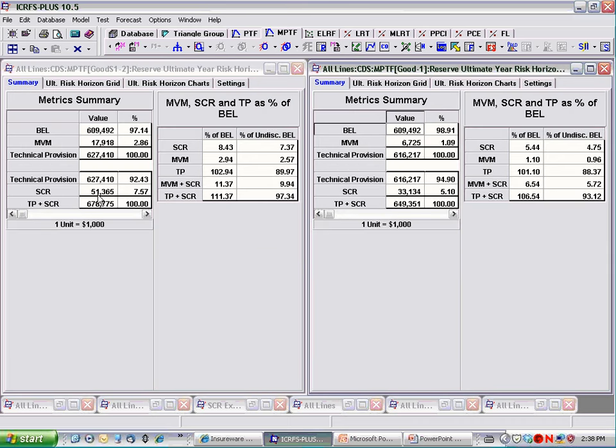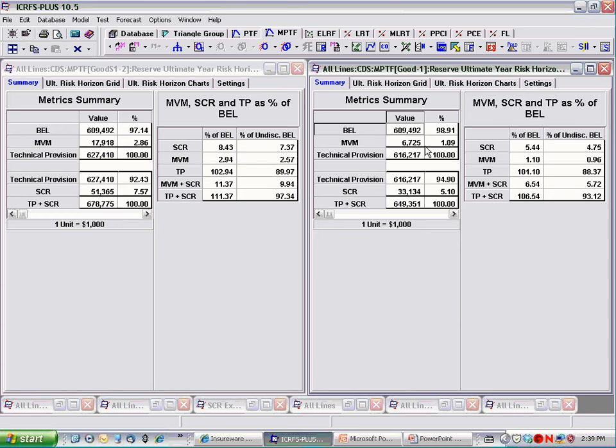So we're looking now at 51 million SCR versus 33 million, big difference. Total capital is 97% versus 93%. What's the difference in market value margin? 17.9 million versus 6.75 million.